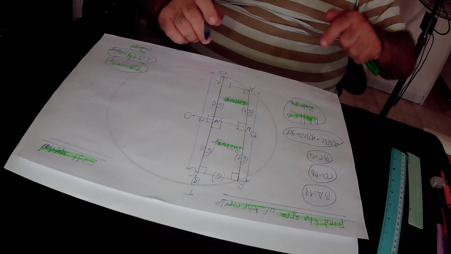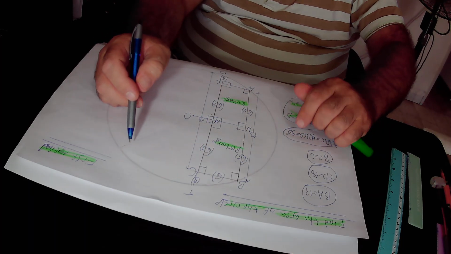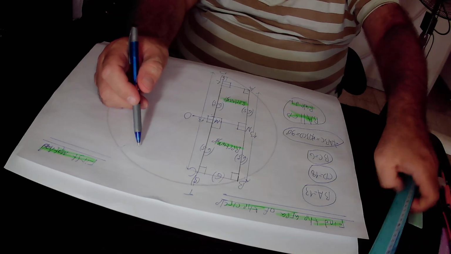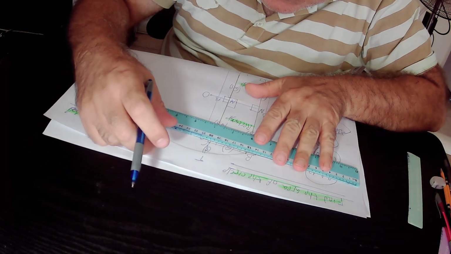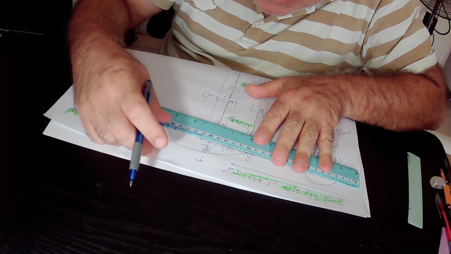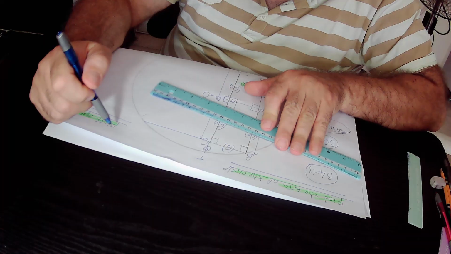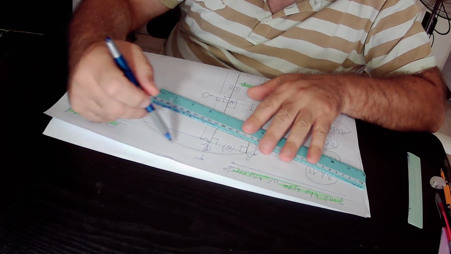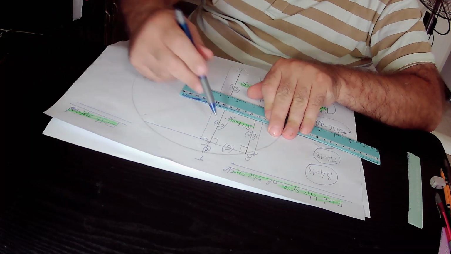In the next step, we will extend line BC by a straight line until it touches the circle. And we will define the touching point of the extended line BC with this circle.